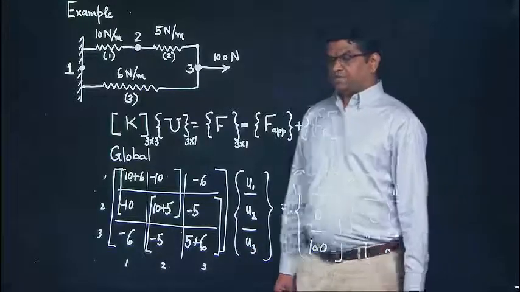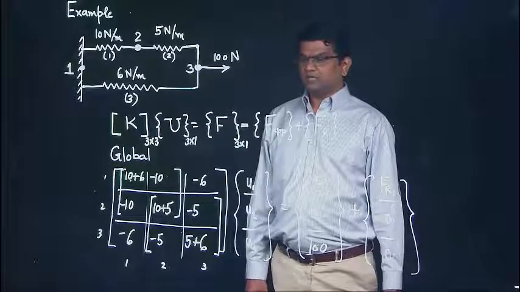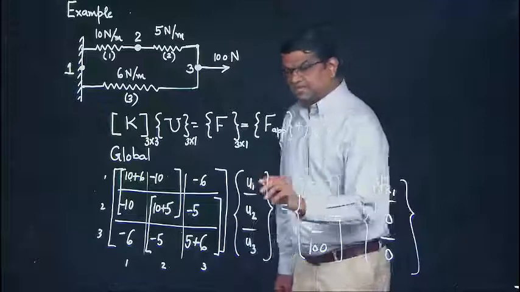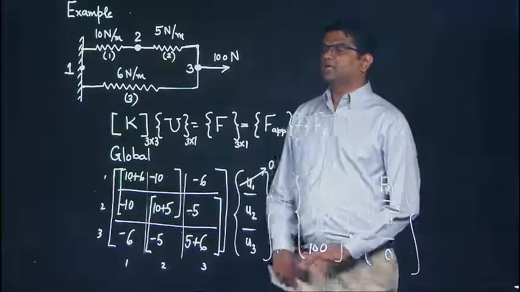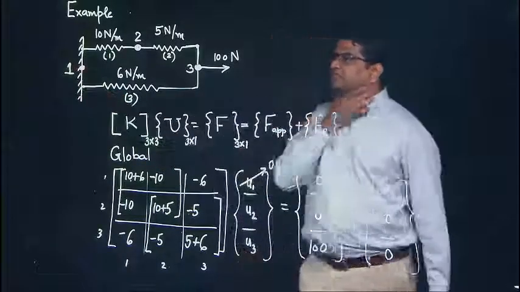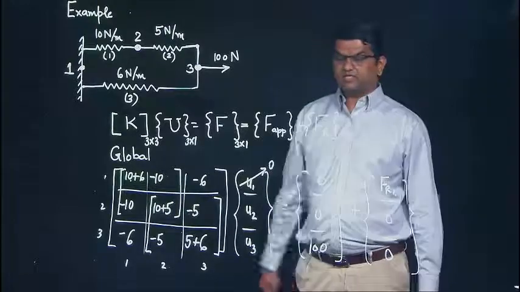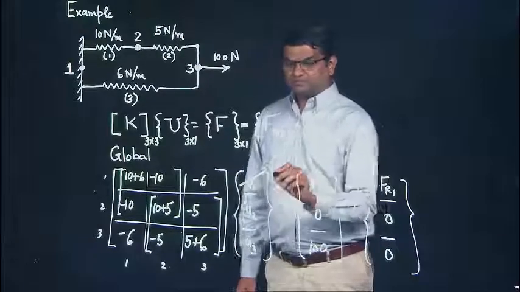in which we know something about this system. And what is that? We know that the displacement U1 is actually 0. The physical interpretation of this fixed end is that U1 is equal to 0. So we will call this our boundary condition.